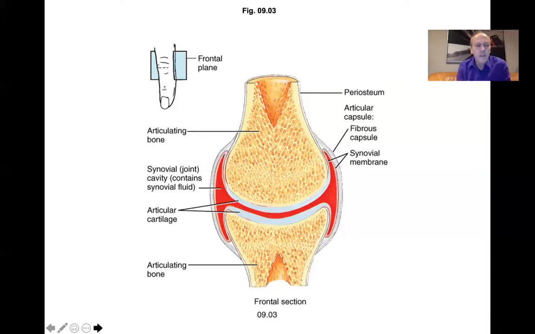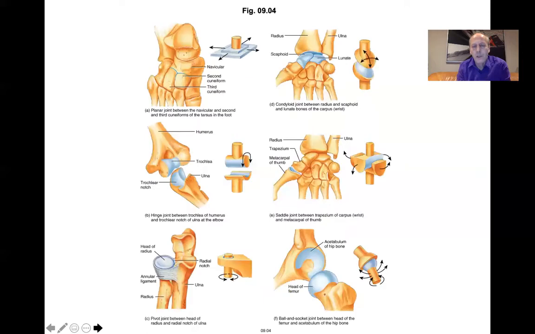Because this is the typical composition of a synovial joint, let's now take a look at these 6 small diagrams and find out exactly what the classification of synovial types of joints is. Based on some qualities, which essentially is the movement, we're talking about uniaxial joints, where movement happens only along one axis.